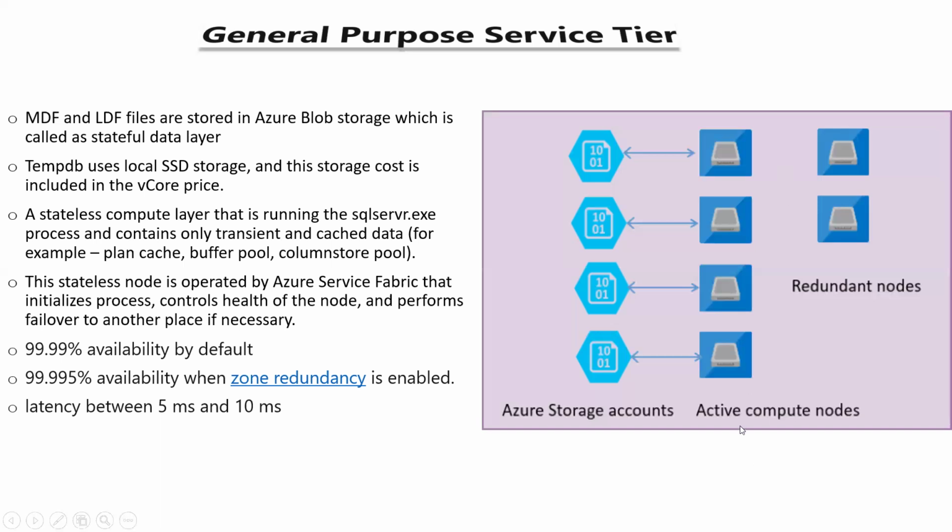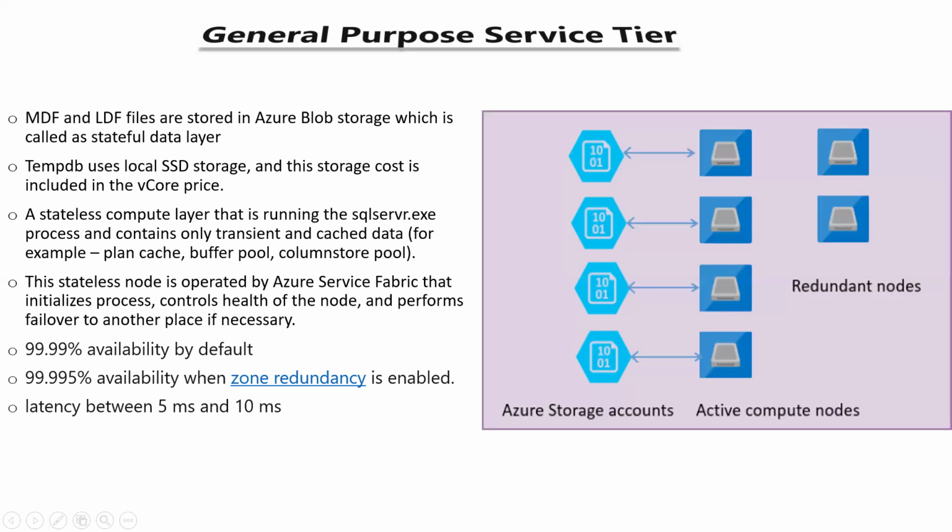You can see here these are the active compute nodes, and these are the redundant nodes. These nodes are monitored by the Azure Service Fabric service. If something goes wrong with this node, it automatically moves to this node, so that we don't have restrictions on our connectivity.